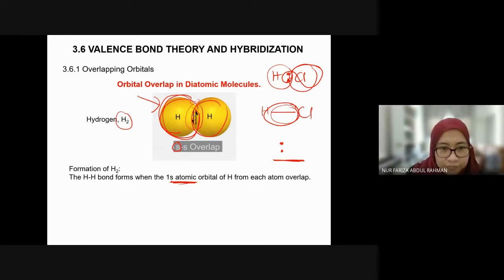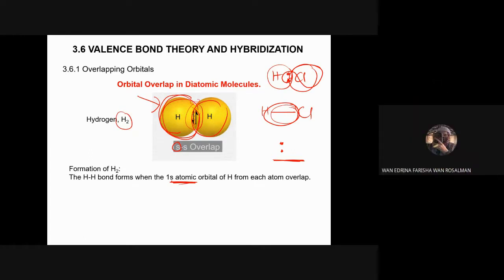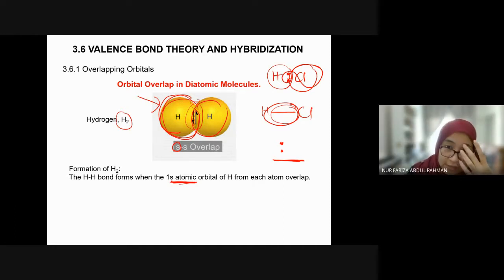Yes. Does the arrow show the direction of electron spinning? Yes. To represent electrons, in a Lewis structure we use dots. But later on in hybridization we still use orbital diagrams, the boxes with lines.